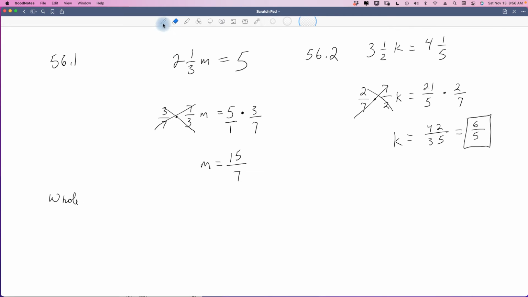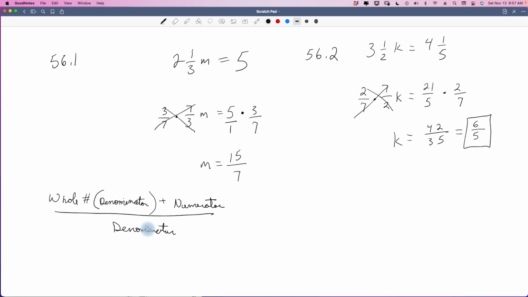Let's use parentheses. The whole number times the denominator plus the numerator. And all of that goes over the denominator.